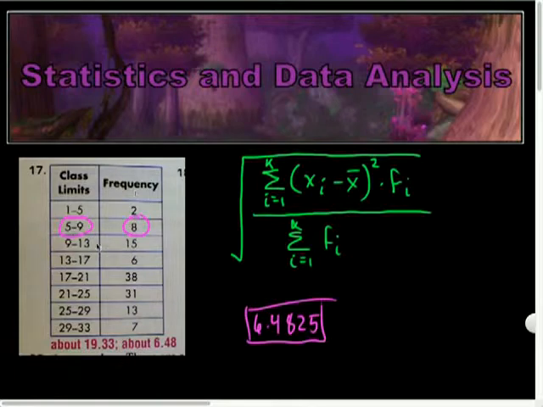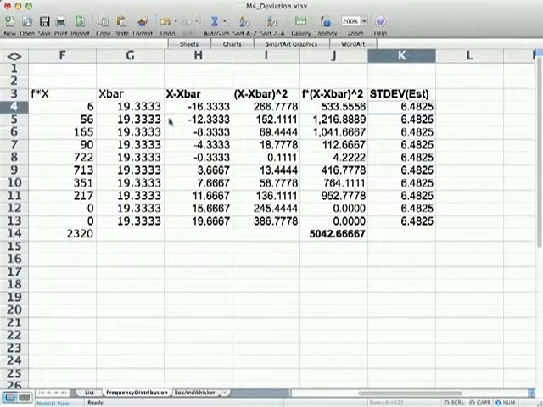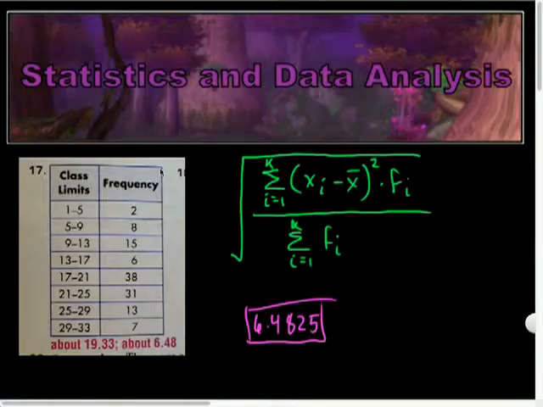So we've gone off of the assumption that all of those average out to be the class mark, the middle value there. And then you can see that they did ask what the mean was, 19.33, the x bar, and we did have that as well right there. So we could also write that 19.33 as well.